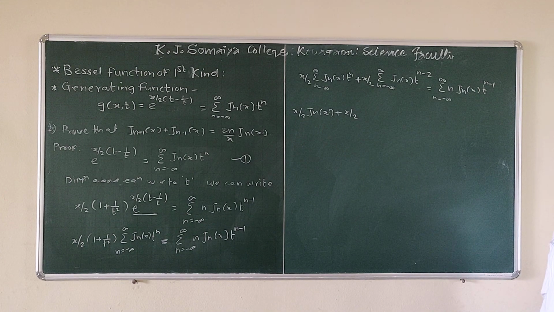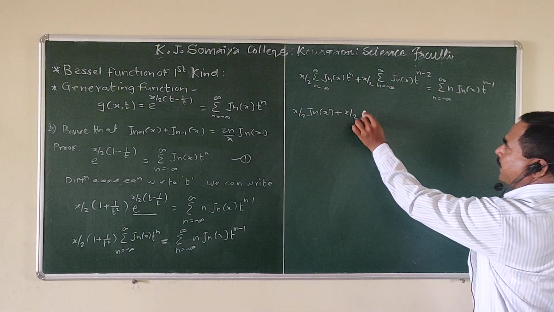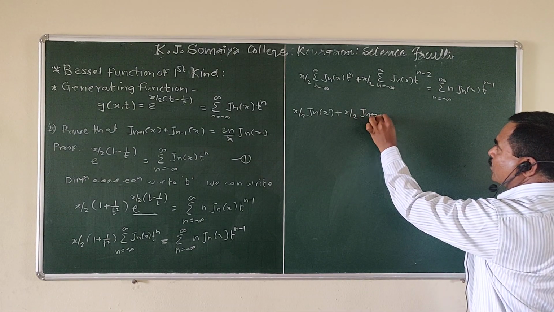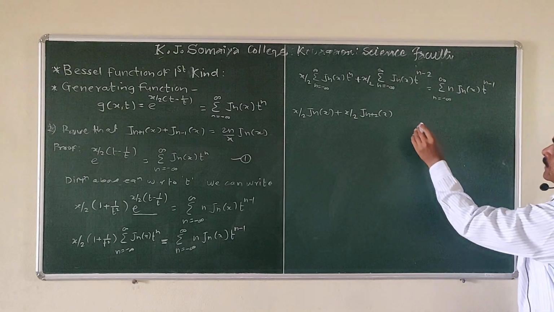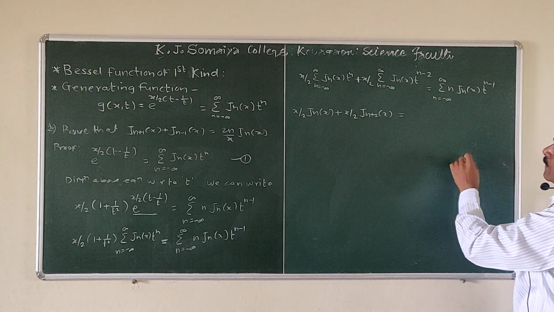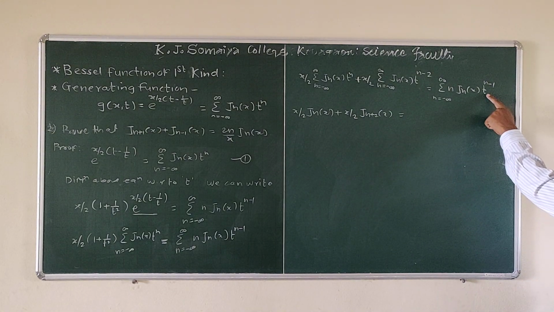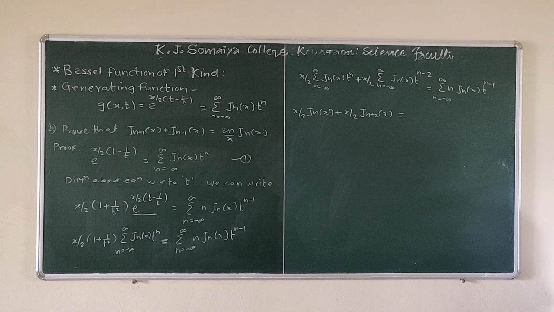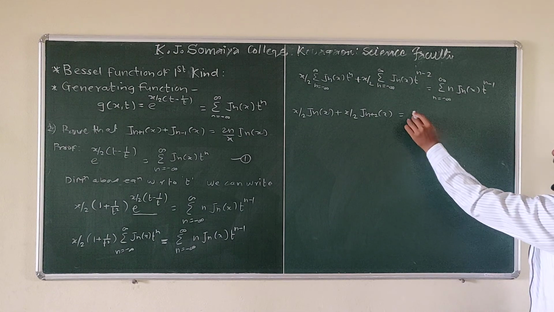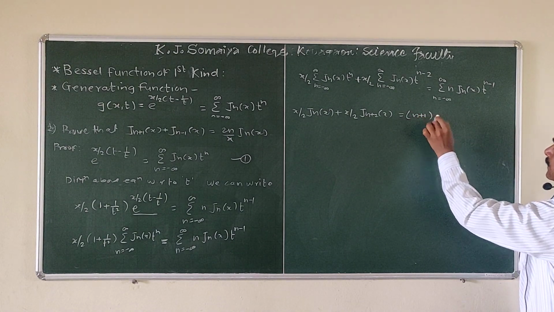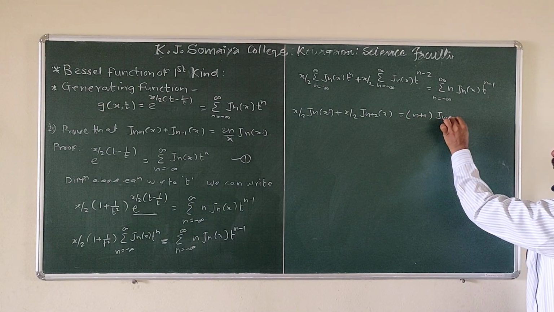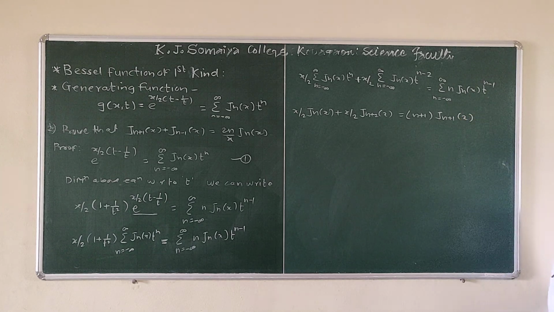So we have to put n as n plus 2. And right here Jn plus 2 of x equal to, and here power of t is n minus 1. So we substitute n as n plus 1. And here n plus 1, then Jn plus 1 of x. Okay.